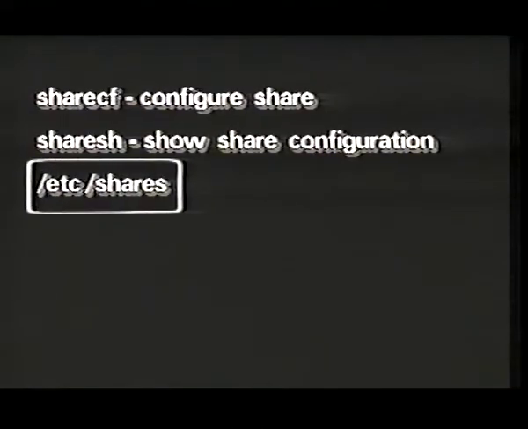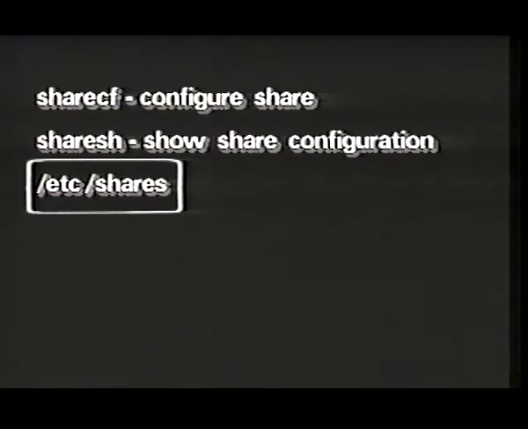And what these do is they either affect or take a dump or a snapshot of the file called /etc/shares. And this is the share database. If it exists on the machine and you have share turned on, then this is the configuration that you are running.